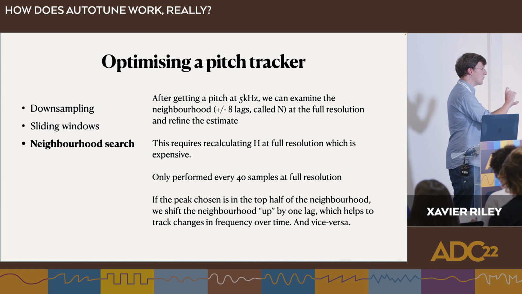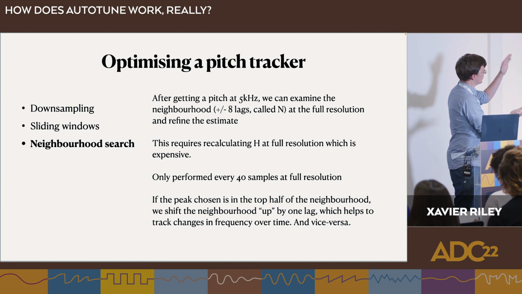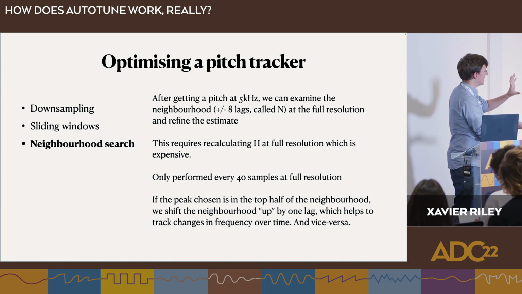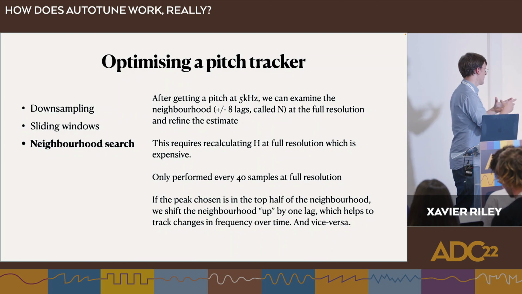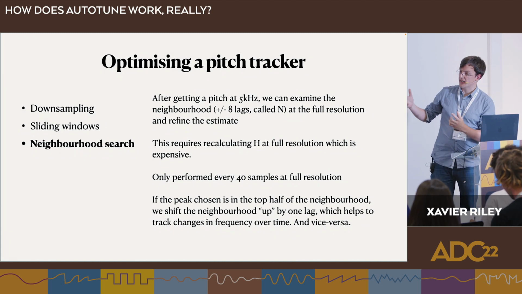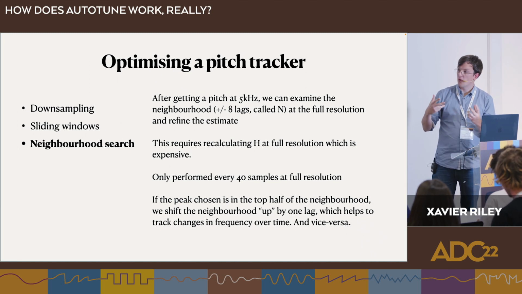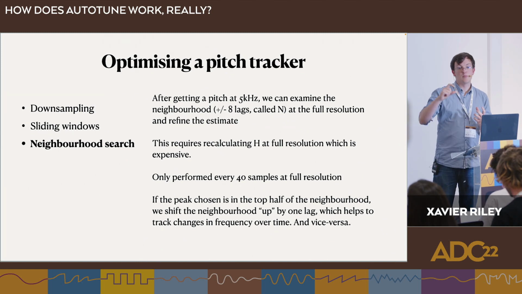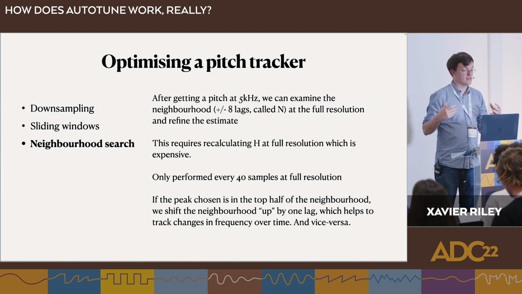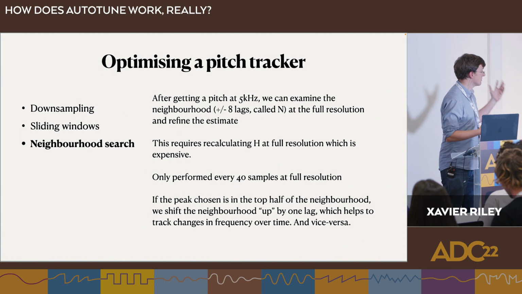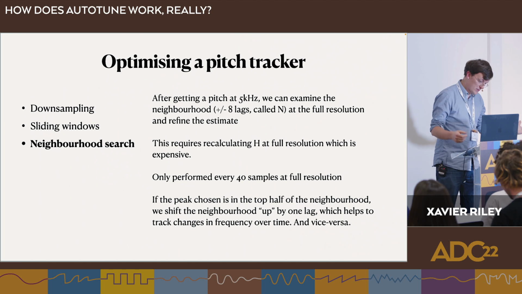And he says at the full resolution, if we look 4 lags above and 4 lags below, consider that little neighborhood, and then we recalculate using the full sample rate data, we can do a similar process and get the super precise full resolution pitch, but having only examined 8 more lags than you had to previously. And if you remember the 250 billion or something, this is good for reducing that.